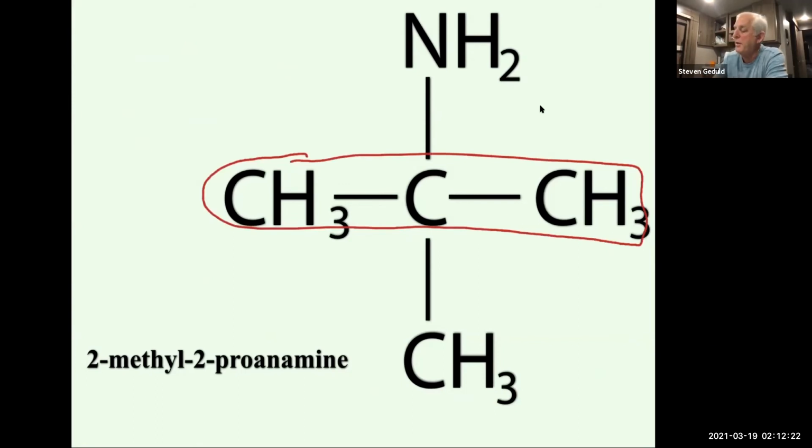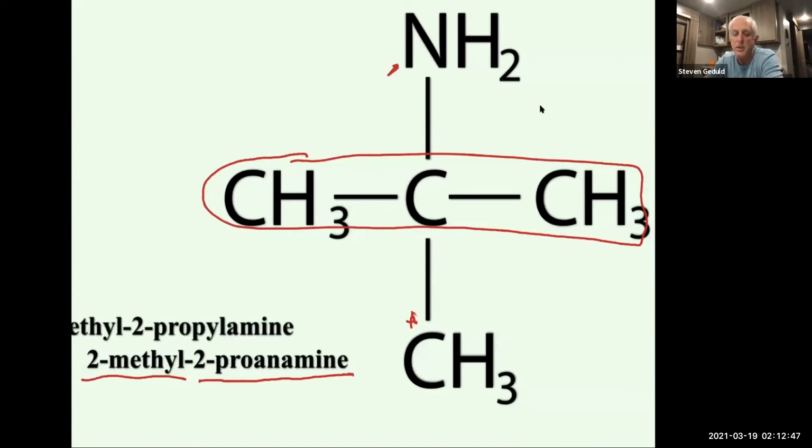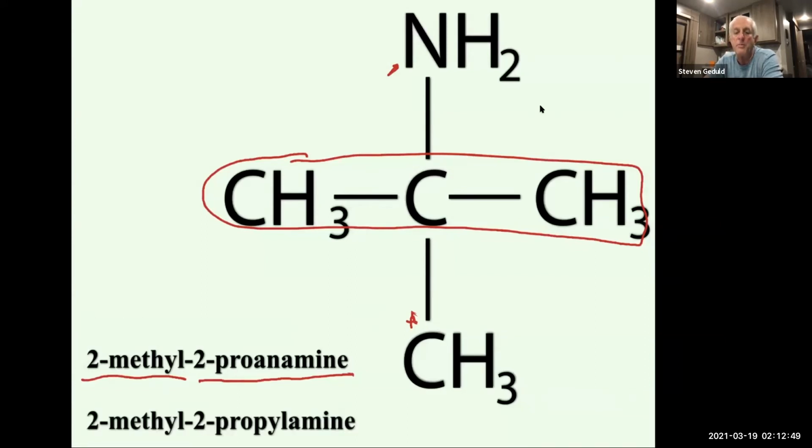At number 2, you have a methyl group. And at number 2, you have an amine group. So it'd be 2-methyl 2-propanamine. That's a systematic name. Or the common name would be 2-methyl 2-propylamine. You name it as a substituent. And again, I'd accept that as a tert butyl also. So either one of those is fine.